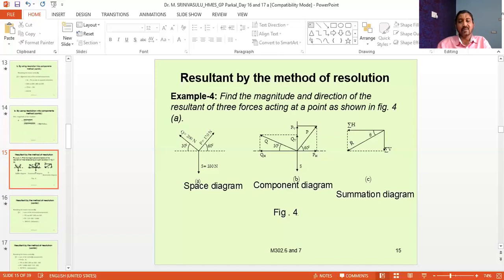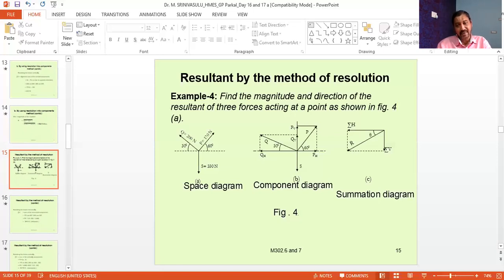Here for the force P, the PH is acting rightward and it is positive. The value is equal to P cos 60, and the vertical component PV is equal to P sin 60, and it is acting vertically upwards, so it is also positive.